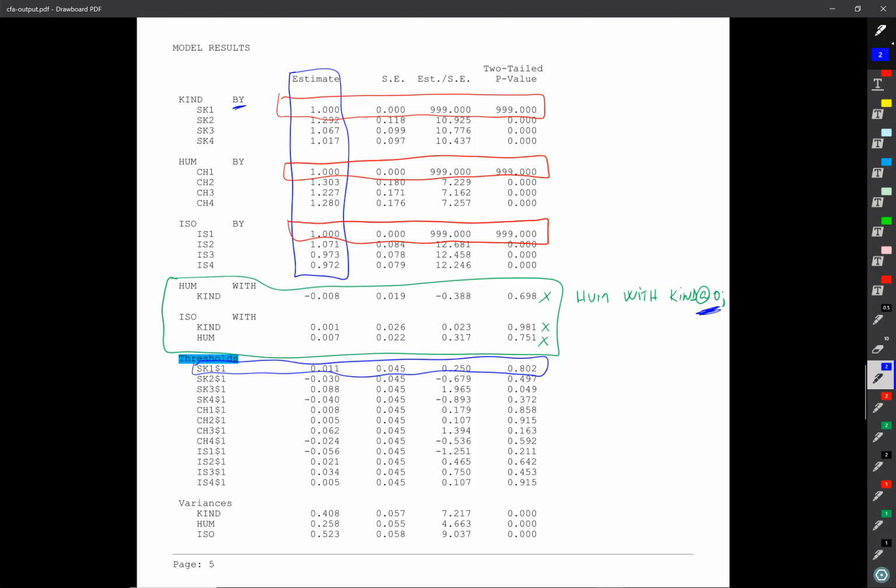In this example, SK1 refers to the factor of self-kindness, and we had two categories of response, category 1 and category 2. And the threshold defines the level of self-kindness you must have in order to have selected category 2 instead of category 1.